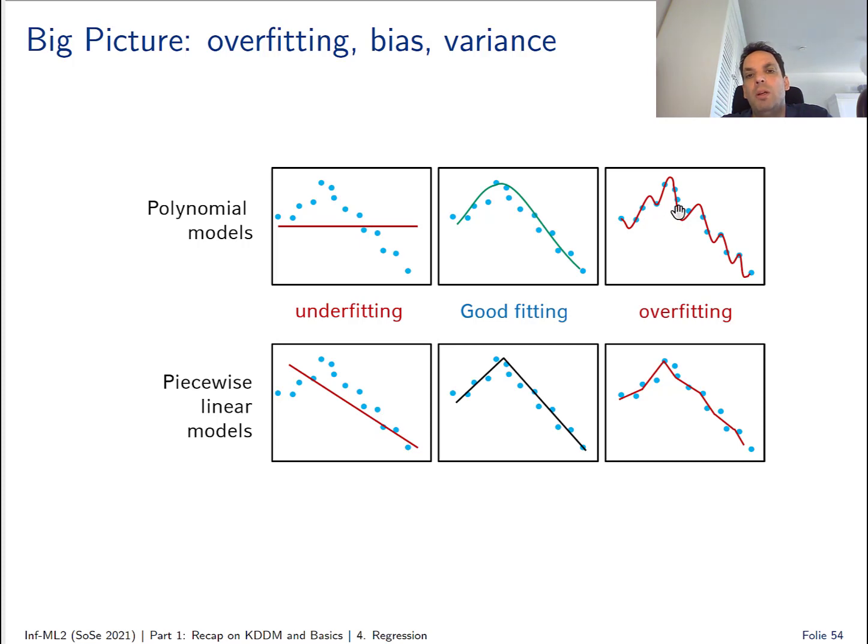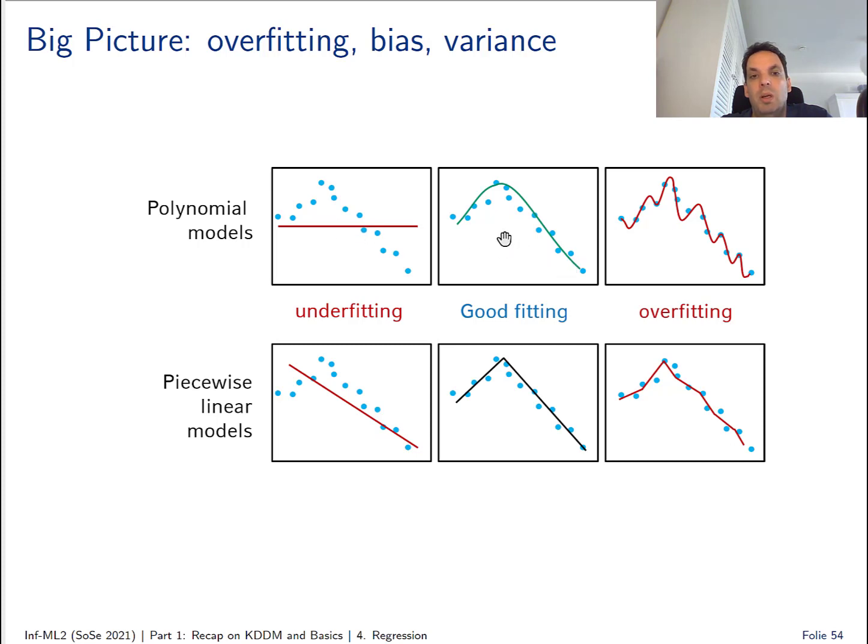The more complex a model is, the better the performance on the training set, of course, but the higher the danger of overfitting. This would be a polynomial of higher degree, a very complex model, maybe a very good training error, but probably overfitting. So that is the general trend, which is a good fit here, even though it does not have the best performance on the training set, obviously.